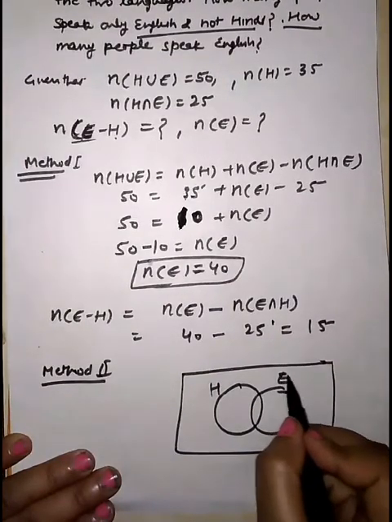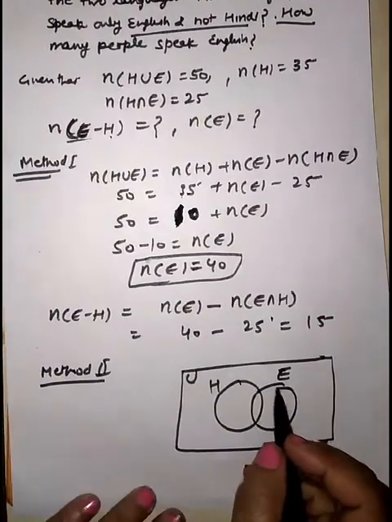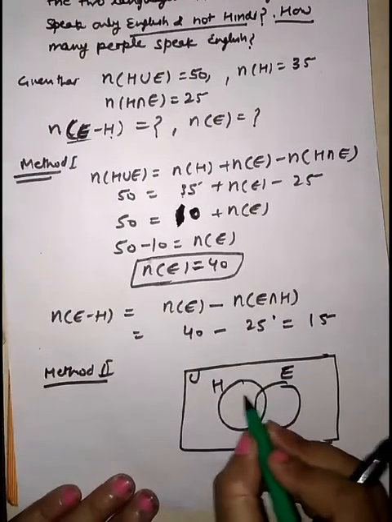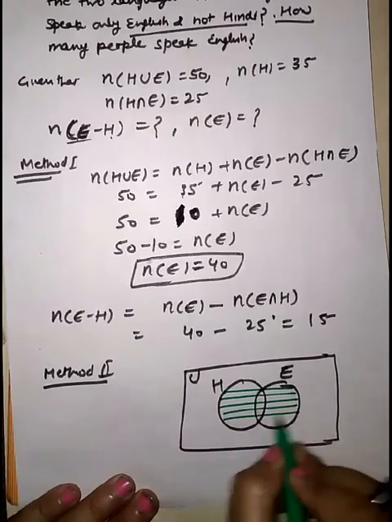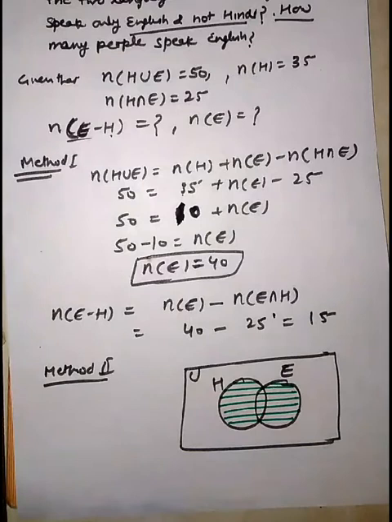This is the English set. This is the universal set. Now here you see this value is given. Total is 50. This one is 50.